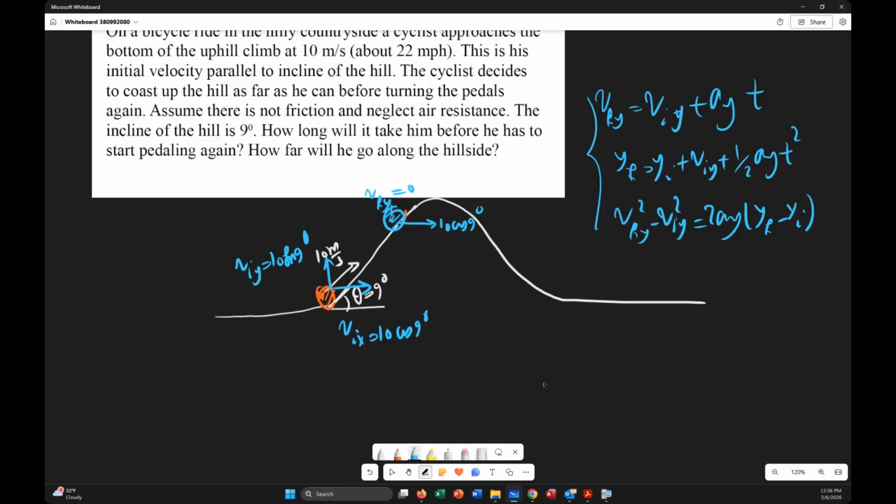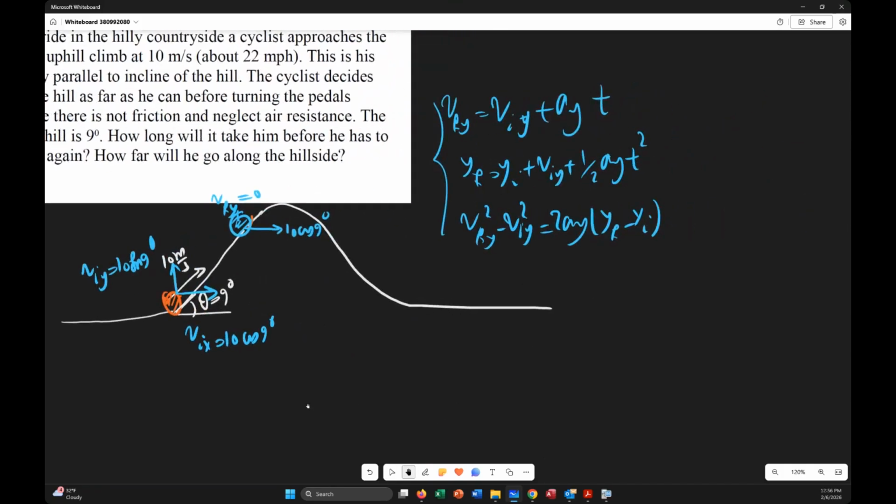And then we can write the x component as well. We just write the same thing, but we need to make the acceleration 0. So xf is going to be xi plus vix times t. This is the 4 formulas that we have to find the unknown value.